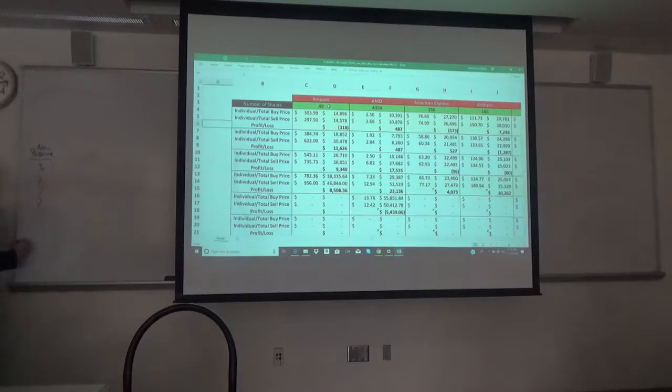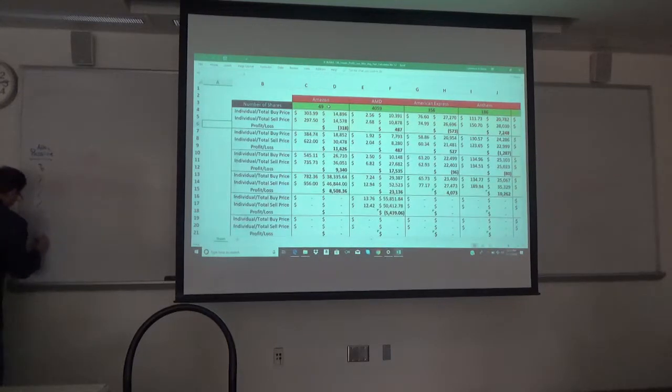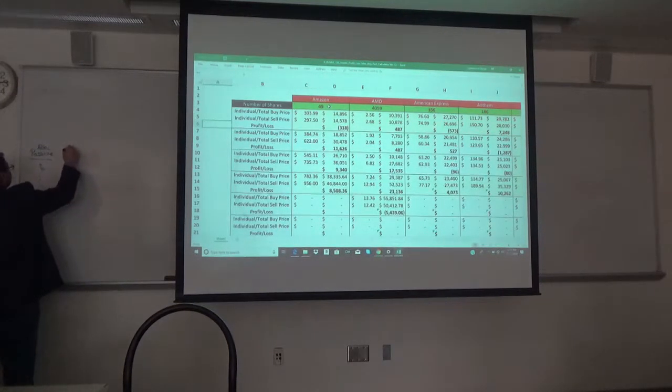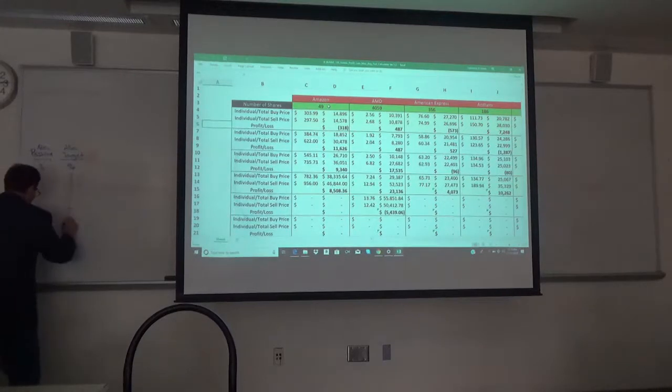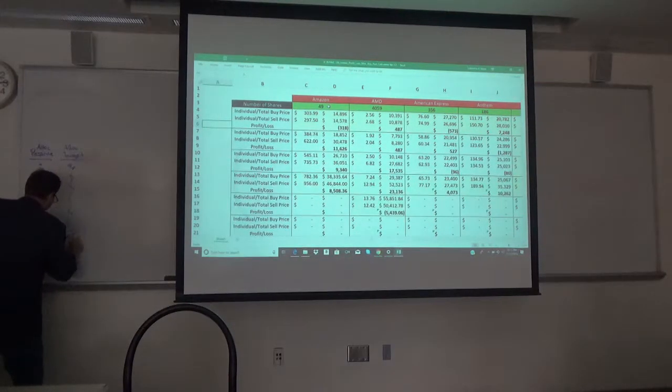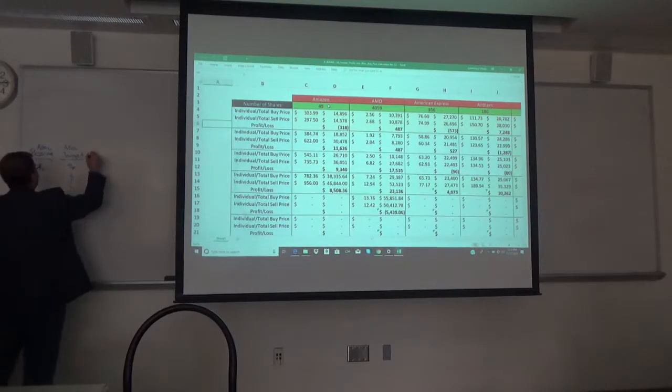And it all adds up to 100%. Then you're going to have your target allocation. Obviously, that's going to add up to 100%. Then you're going to have your active allocation.